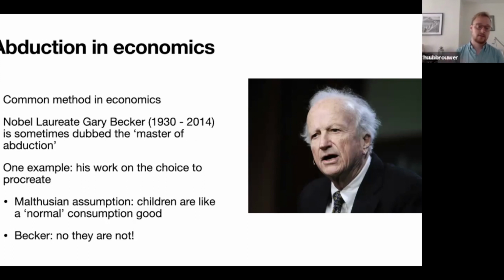So he said, okay, the set of observations that I have about affluence and about people having children or not and how many they get does not fit with the standard model that we're using. So what other factors might I include in order to get a better explanation of this phenomenon? And what he came up with is the following.